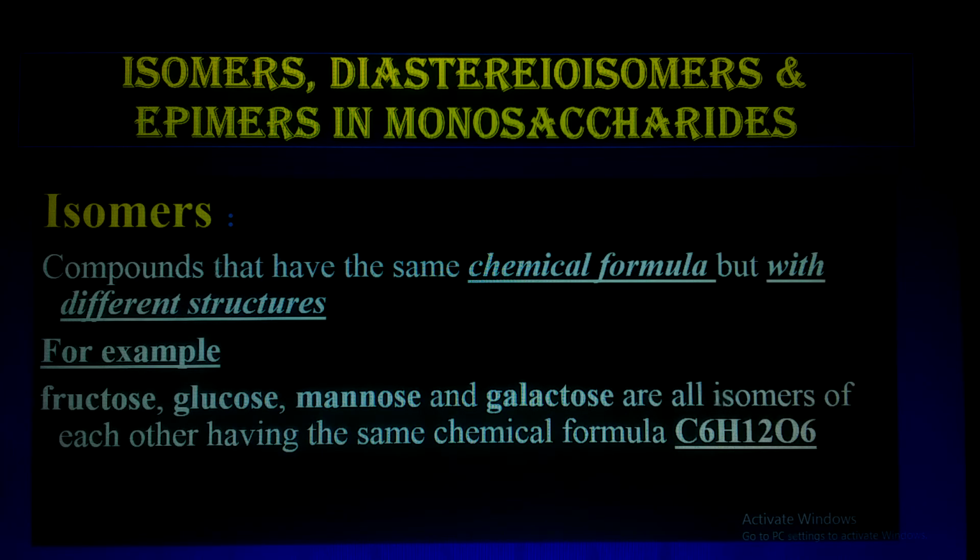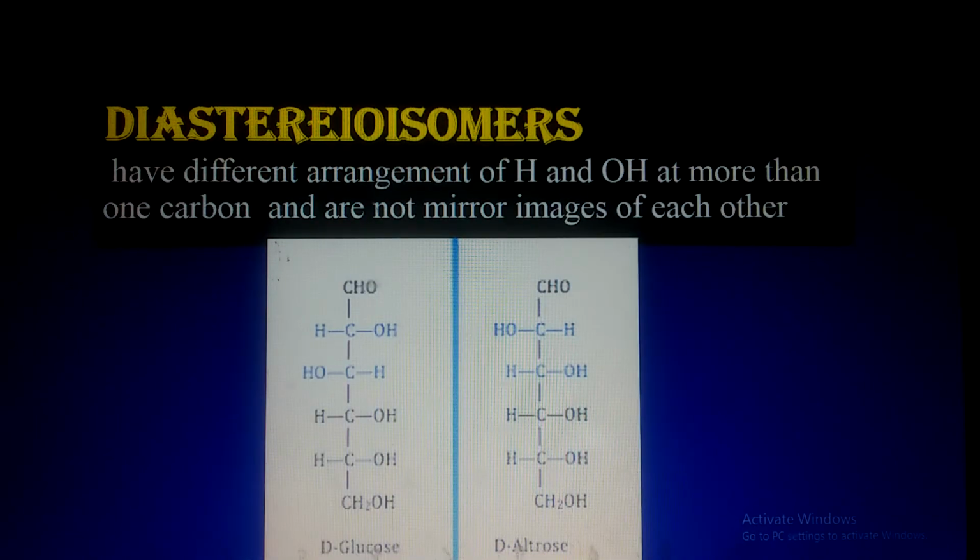C6H12O6 is applicable to glucose, galactose, mannose, fructose. All are 6 carbon containing, but they have the same chemical formula with different structures. So fructose, glucose, mannose, galactose are all isomers of each other, having the same chemical formula but different structures. Okay. Now what are the diastereoisomers?